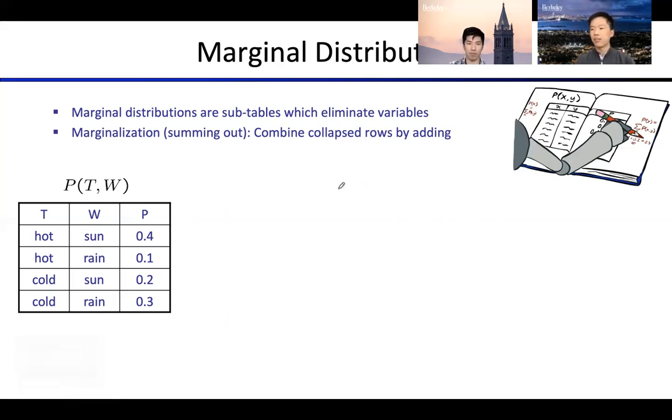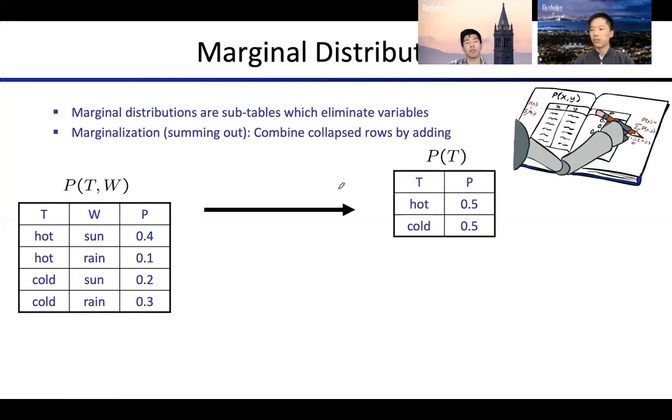Let's say we have a joint probability table for temperature and weather, and we only care about the probability for temperature. What we will do is sum over all possible values of the weather variable. So if we want to calculate the probability of hot, we'll sum over the probability of hot and sunny, and hot and rainy. That's how we get 0.5 as the first entry, and similarly we can do that for cold.